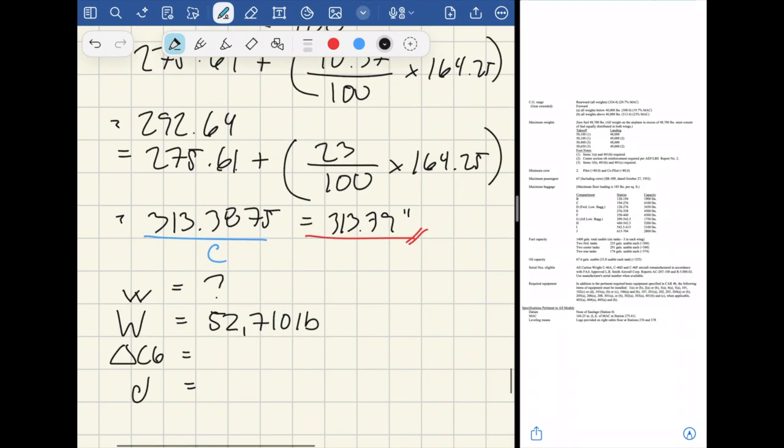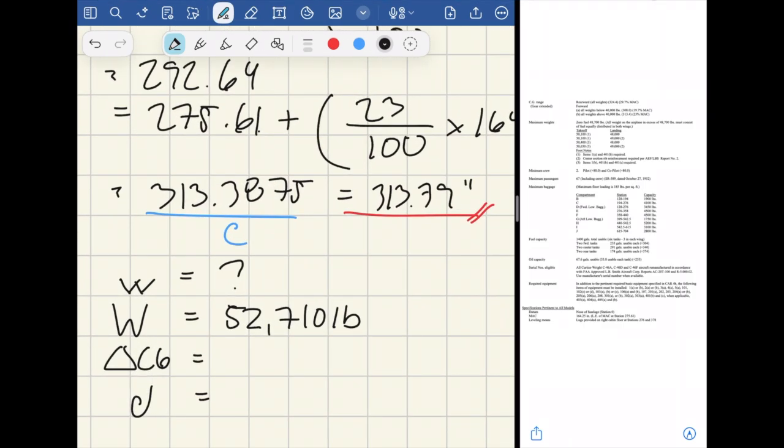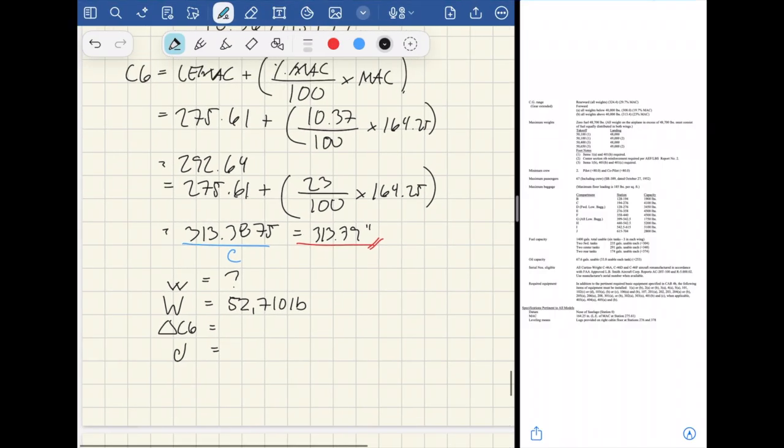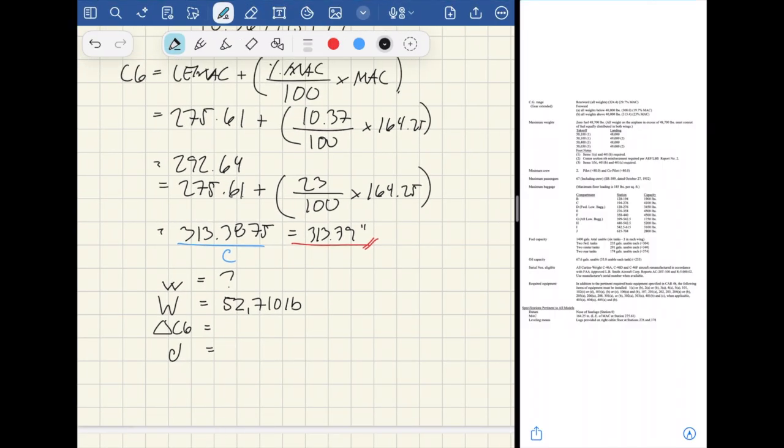So right now, we're gonna subtract para we can get the change in CG. Now, guys, change in CG. Always do remember na bigger number must be subtracted by the smaller number para hindi lumabas yung negative. Since change in CG, we need to find lang naman kung gaano kalaki yung pinagbago. And para mapadali yung solving natin, syempre mas preferred natin yung walang negative sign. And it is much better that way.